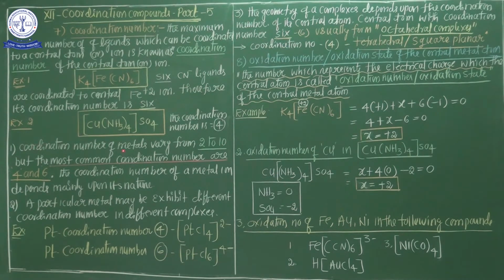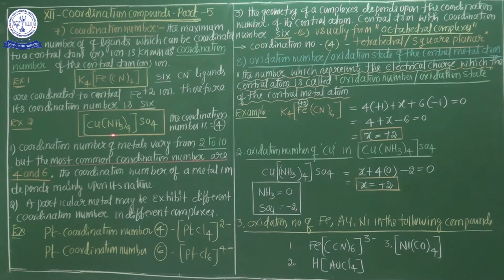Mostly 2 coordination numbers are there, 3, 4, 5, 6, 7, 8, 9, 10. But the most common coordination number, underline this point my dear students, in coordination compounds: most of the compounds show 4 or 6. That is the most important.